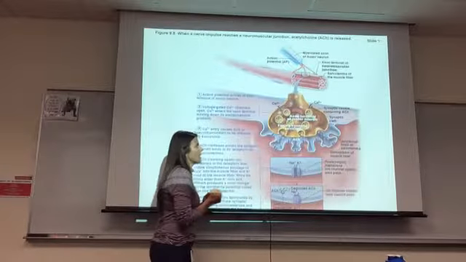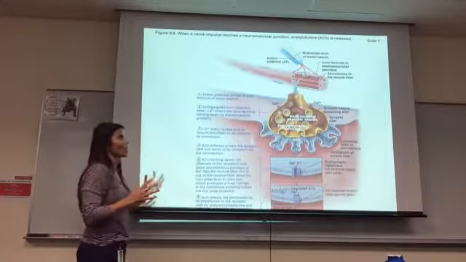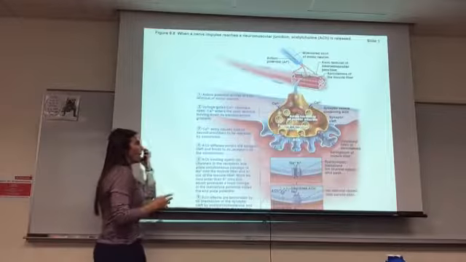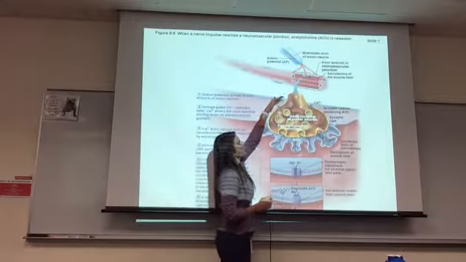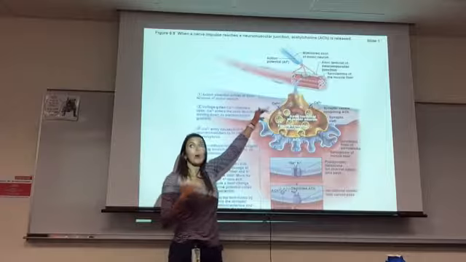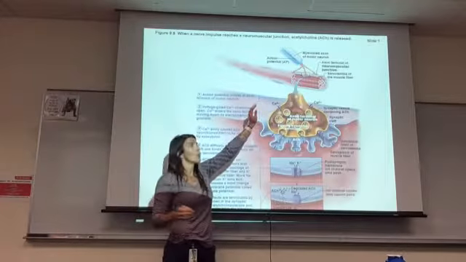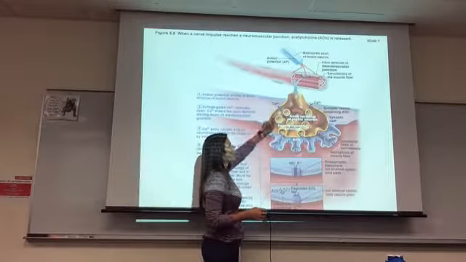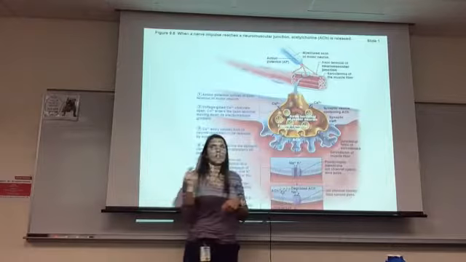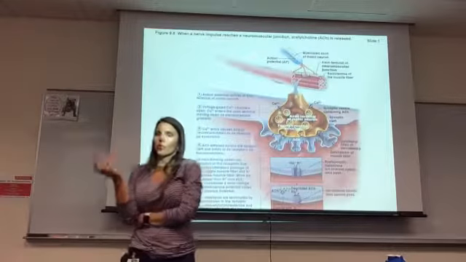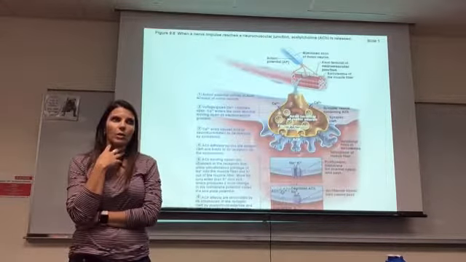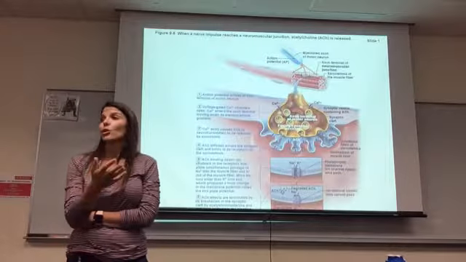Terms that were used here. Action potential, which I already mentioned, was the electricity. What this is showing you is the electricity is coming down, and it said it was propagated. When that electricity was propagated, it opened voltage-gated channels. What is voltage-gated going to open and close as a result of? Electricity.